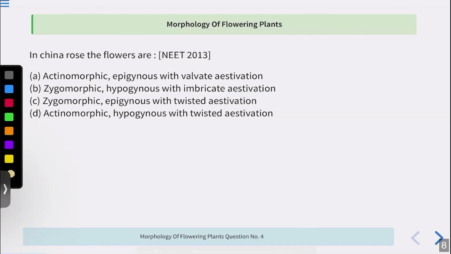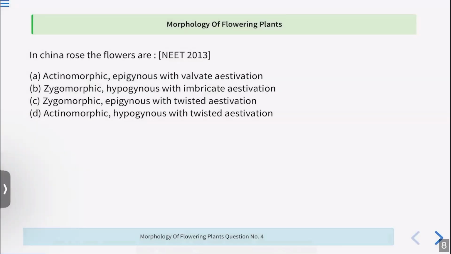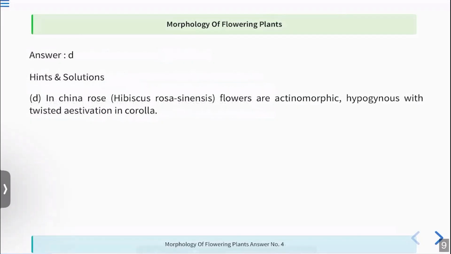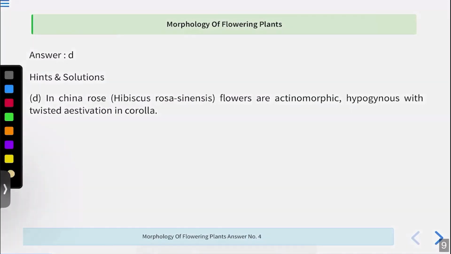Actinomorphic is symmetrical, zygomorphic is asymmetrical. We all know it is a symmetrical flower, actinomorphic. The ovary is superior, so the plant is hypogynous. And twisted aestivation, which brings us to option D: China rose, actinomorphic, hypogynous, and twisted aestivation.